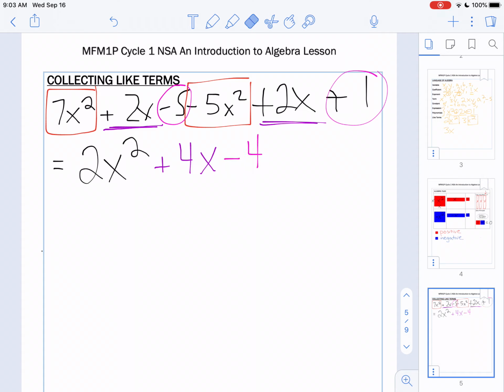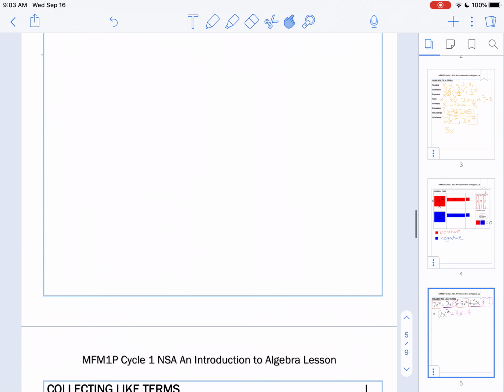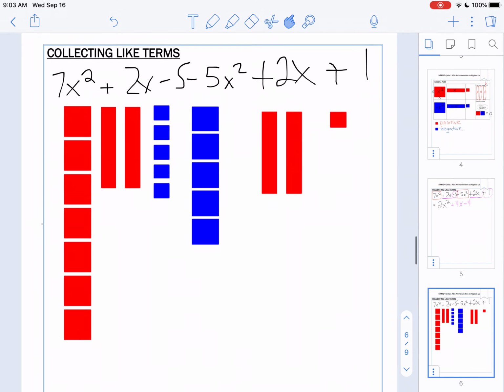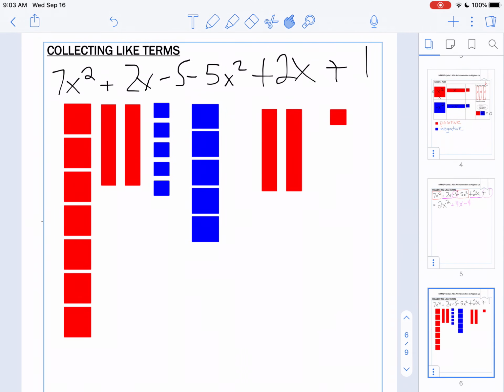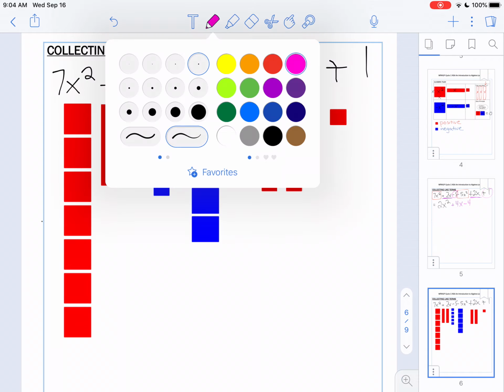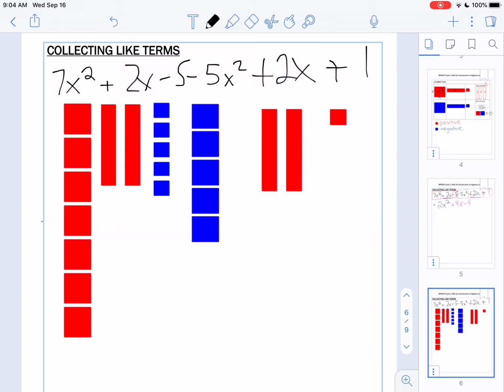Let's see what that would look like if you decided to draw out a picture. So here we have 7x squared plus 2x minus 5 minus 5x squared plus 2x plus 1. If we look at the large squares first and we put them together, what you'll notice is you have a bunch of pairs that are going to make 0. All of these big x squareds are going to cancel out because these represent positive 7x squared and this represents negative 5x squared.